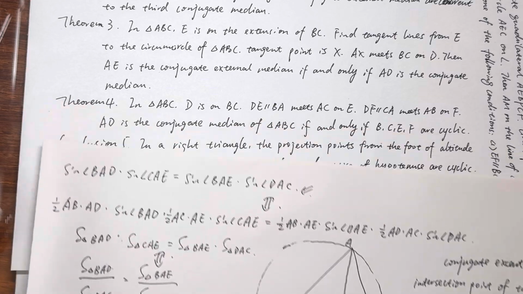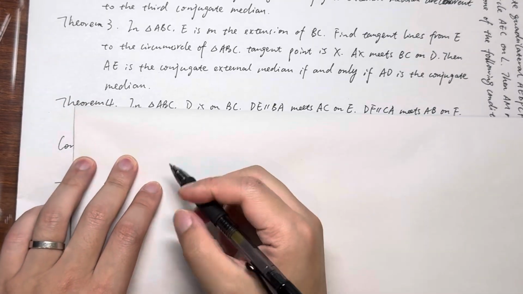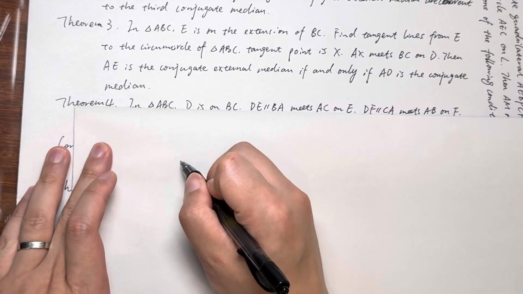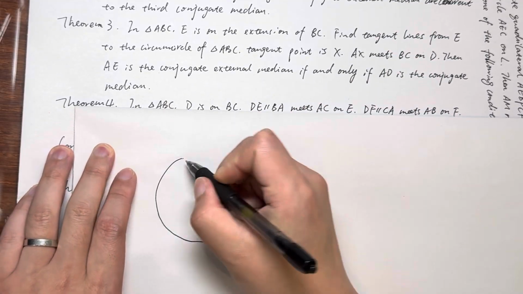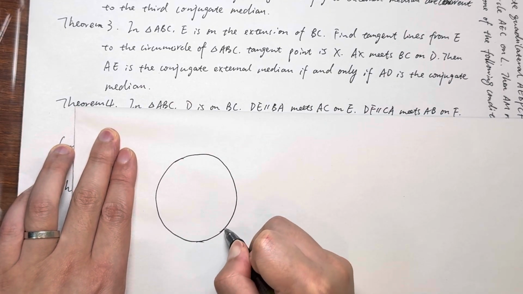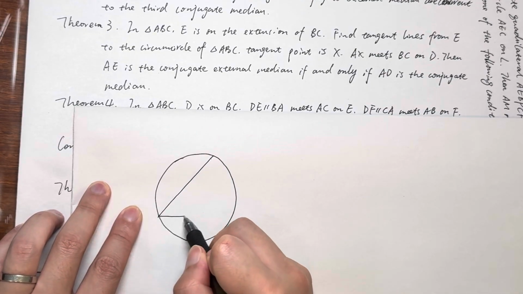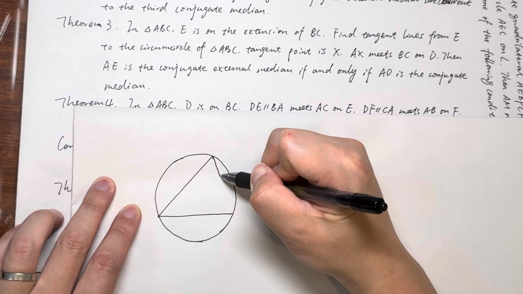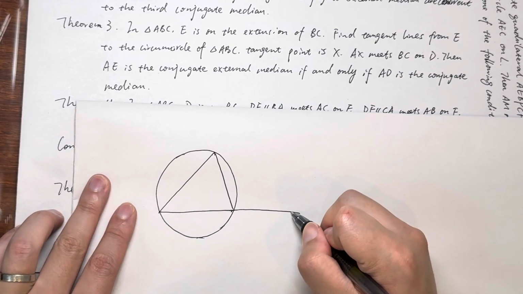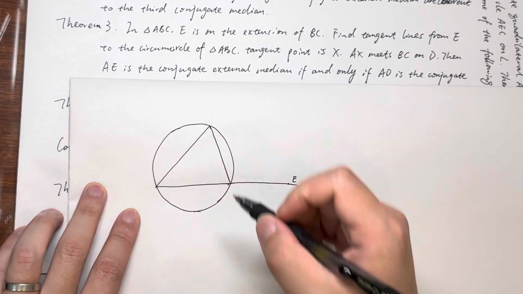So let me draw this again. We want to find the tangent line here, so let's just draw the circumcircle first. And we have the triangle ABC here. E is a point here, right?